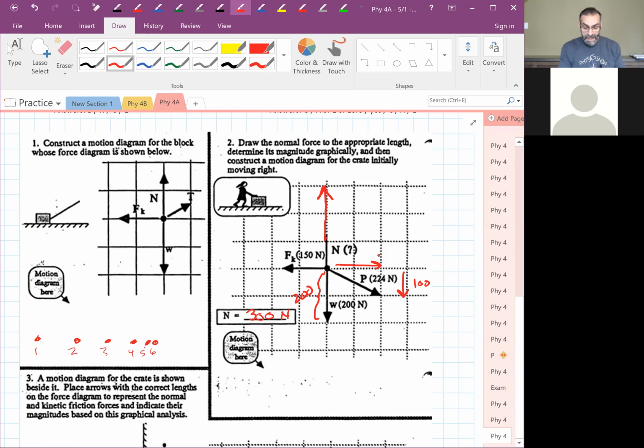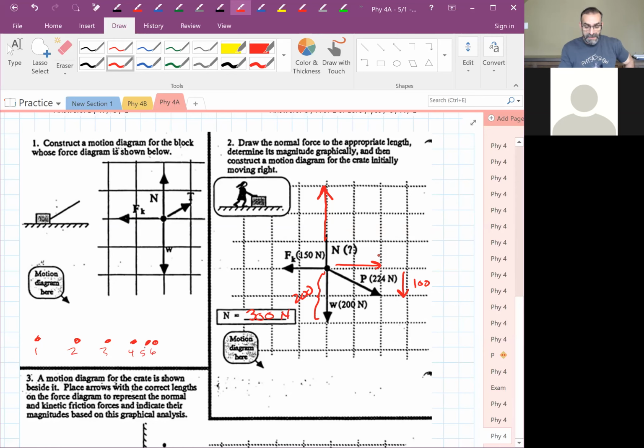So we want to break up P into its components because all the other vectors are in that coordinate system, right? Usually we pick the direction that the object would be accelerating. So along the incline is one of our directions, and then perpendicular to that is the other direction. Now we can compare things, right?